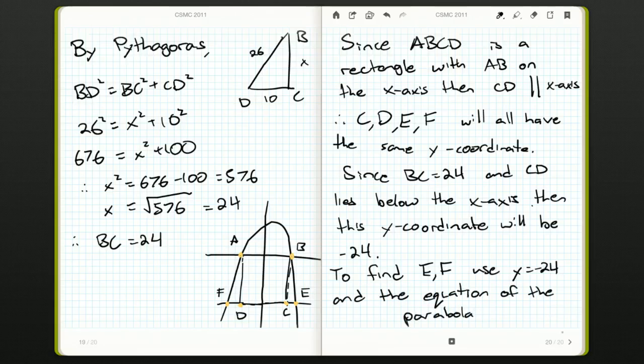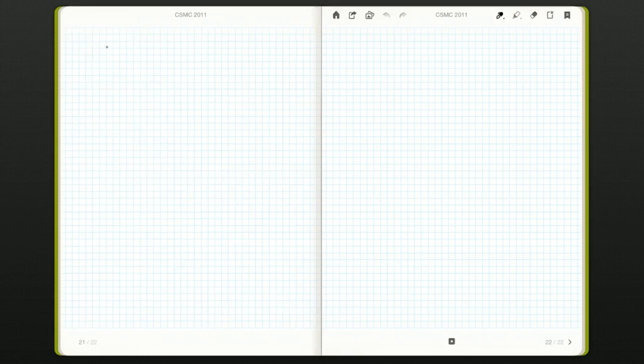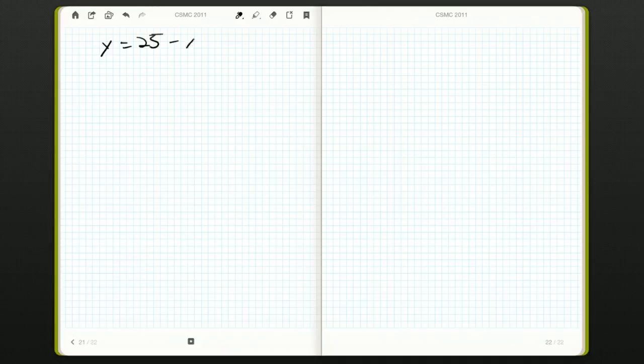So we're going to use y equals negative 24 and the equation of the parabola. So what was that again? Well, that was y equals 25 minus x squared.